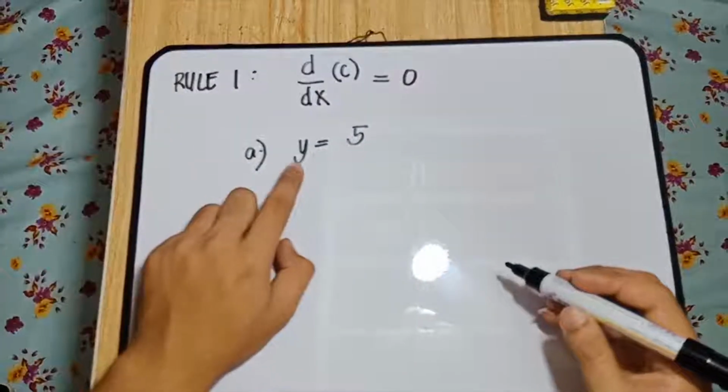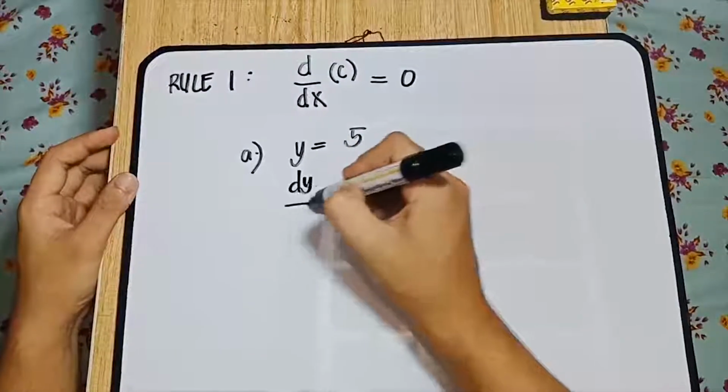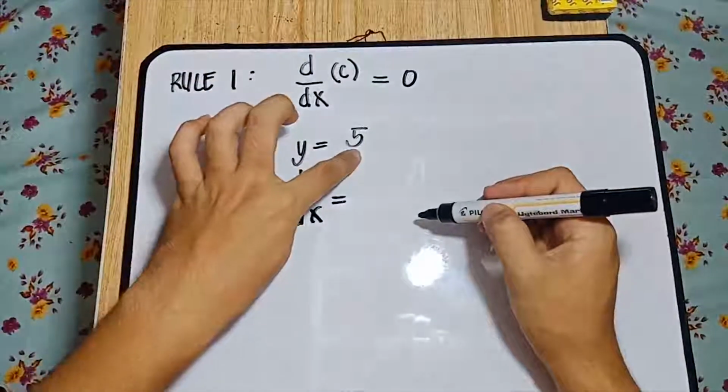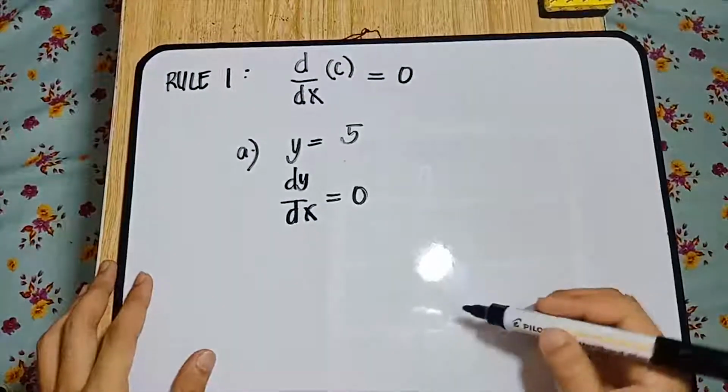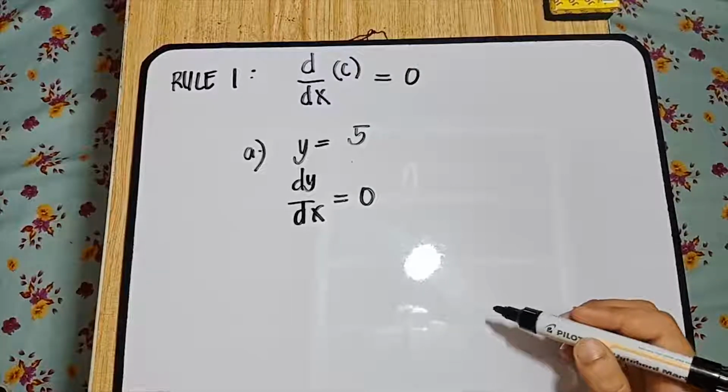So, the derivative of y is dy over dx equals derivative of a constant is 0. Ganun lang yung rule number 1 natin.